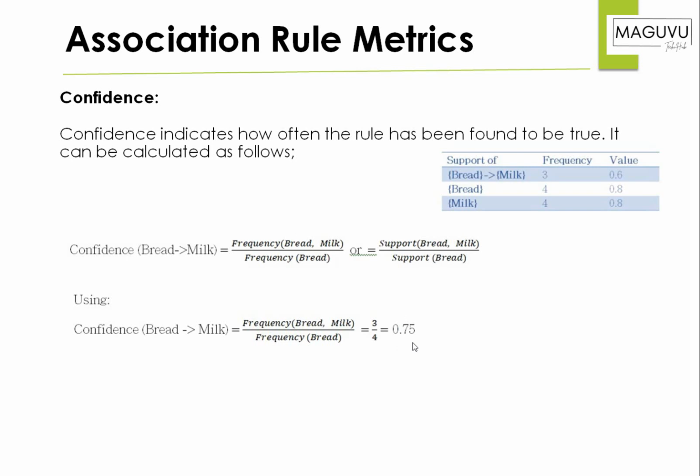And if we use the second formula, where we use the support instead, according to the results we have there, the support of bread and milk is 0.6 divided by the bread support, which is 0.8. We also get a confidence of 0.75. This is how you would calculate the confidence of a rule.